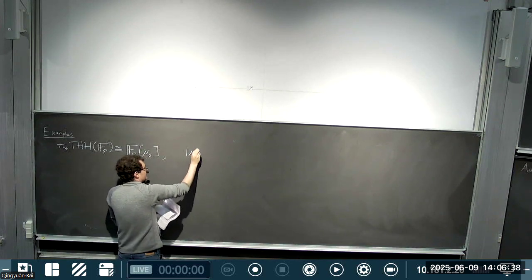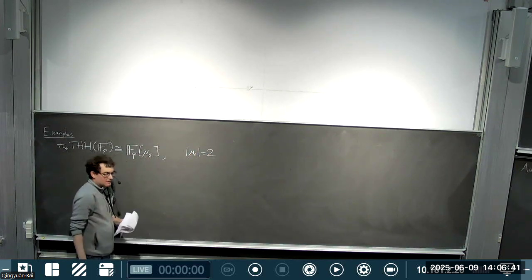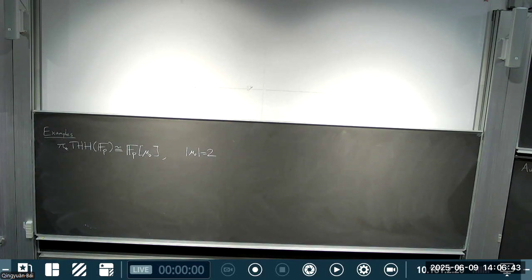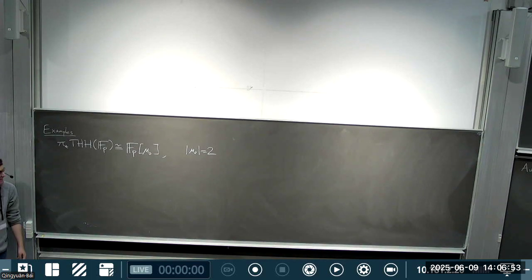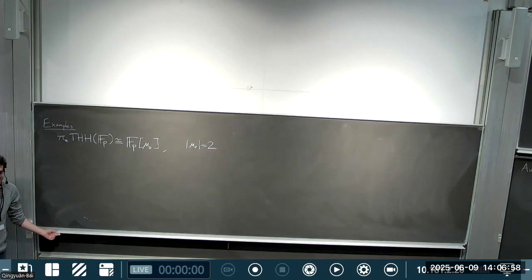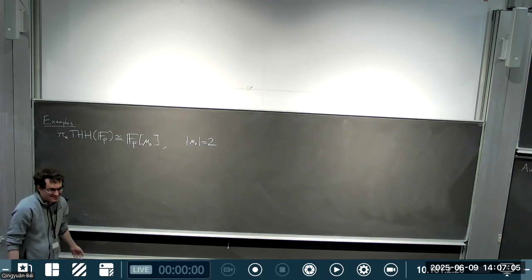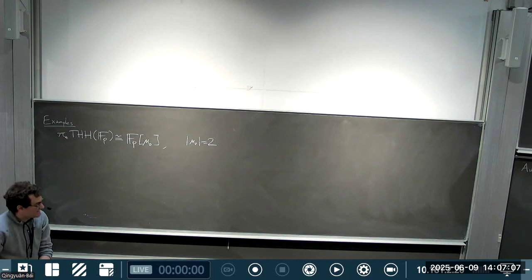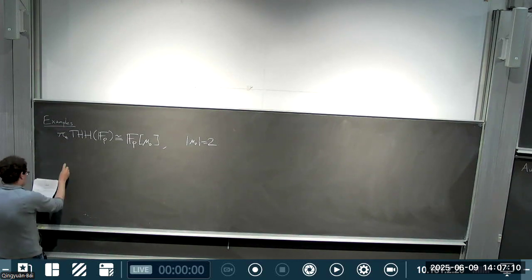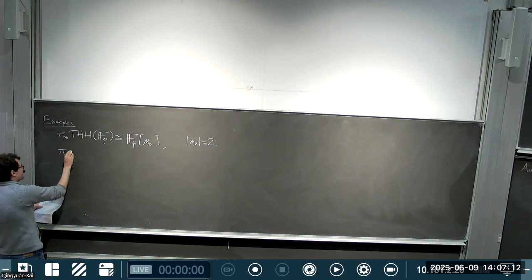The degree of mu_0 is 2. So the topological Hochschild homology of F_p is a polynomial on a degree 2 generator. If you don't know this result, I'm not sure how much this is going to help, but you're suggested to go look up some YouTube videos by Thomas Nikolaus, a very wonderful resource for getting into this stuff.